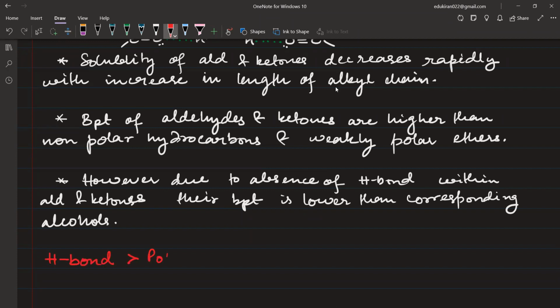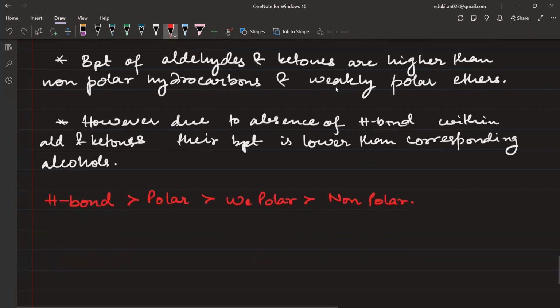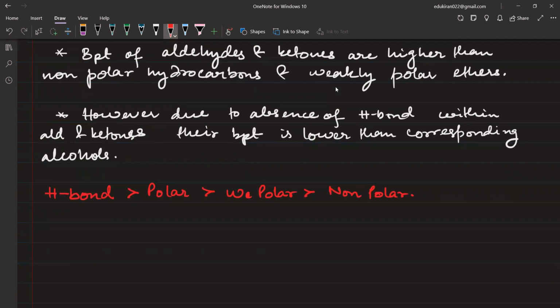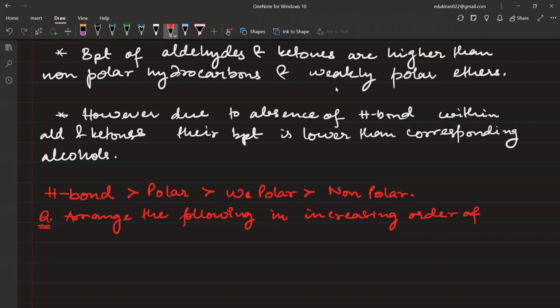Then the one which is polar, then the one which is weakly polar, and then the non-polars. Write a question: arrange the following in increasing order of boiling point.